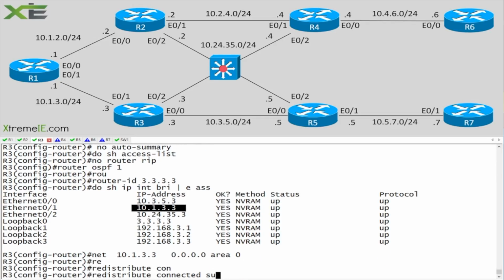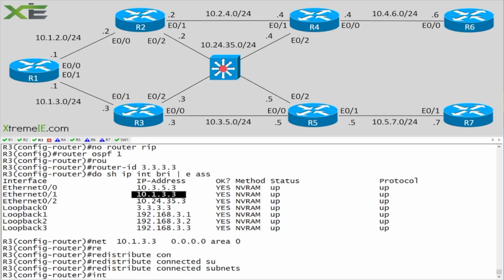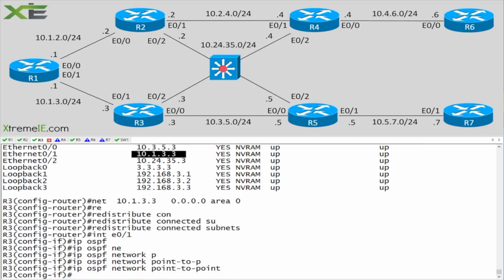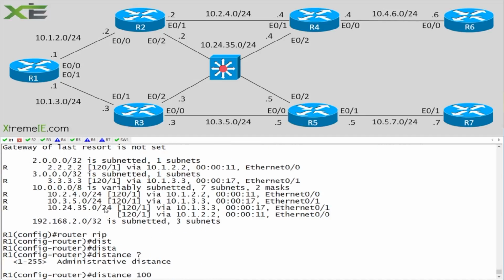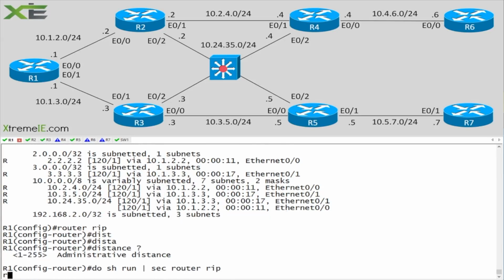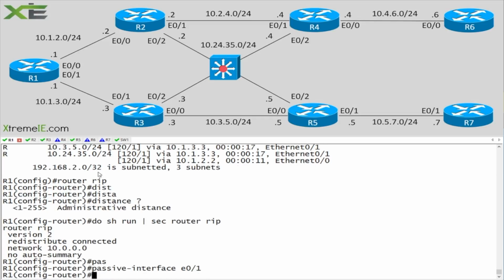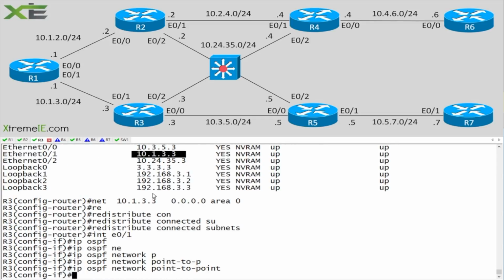We'll say redistribute connected subnets, and we'll say interface Ethernet 0/1, ip ospf network type point-to-point. Okay, ignore this, guys. Under router rip, let's say passive-interface Ethernet 0/1. All I'm doing at this point is creating an OSPF adjacency here.